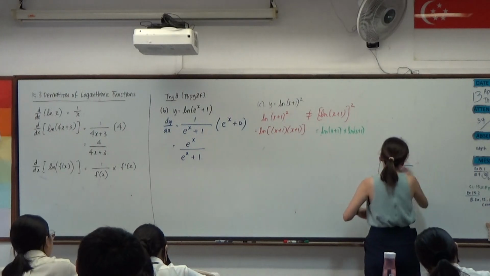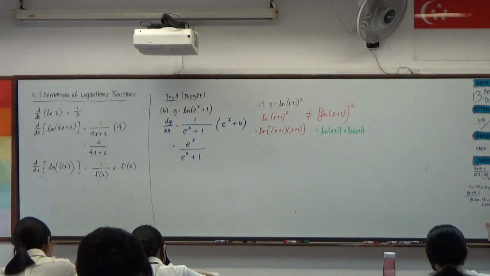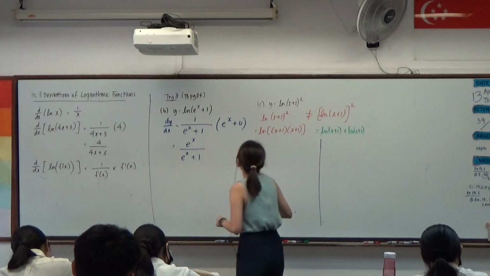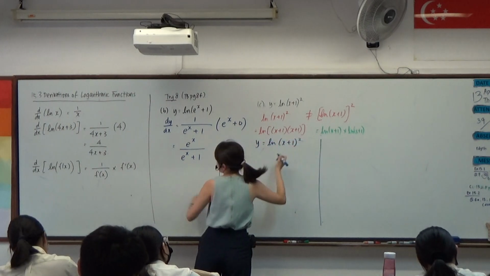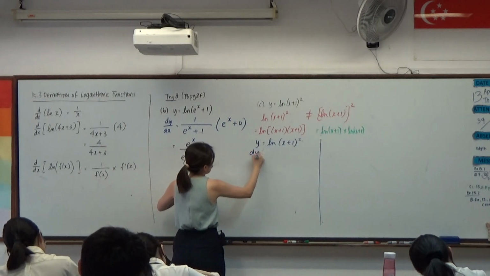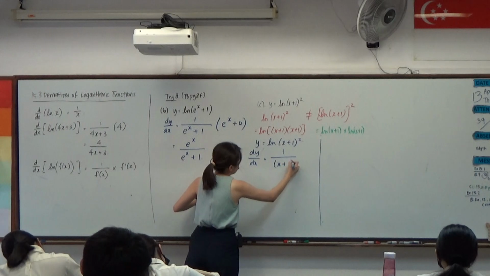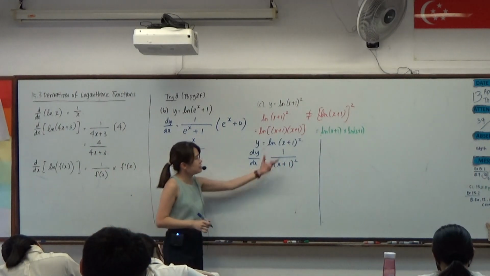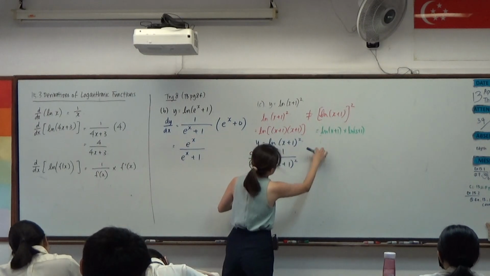There are 2 ways to get around differentiating this y equals to ln x plus 1 square. I'm going to show you 2 methods. One method is that we just keep to the rules. It must be 1 over the entire function, that is 1 over x plus 1 bracket square. Then we differentiate your x plus 1 square. I should draw my line here.